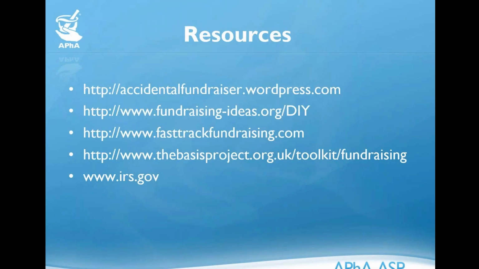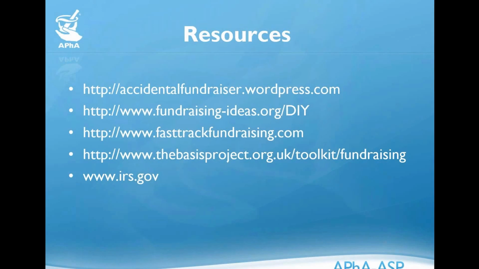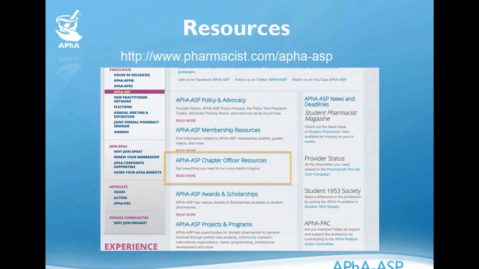And here are some resources that you can use to help you with fundraising ideas and efforts. The last one is irs.gov. Of course, you can go there if you need to find some information about your chapter's tax status, especially your tax identification number. Another resource is also pharmacist.com.